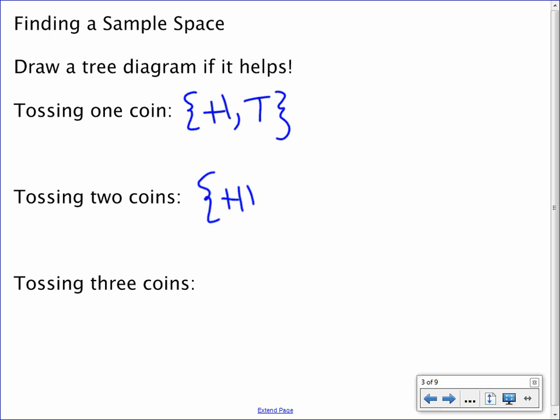Heads, heads. Tails, tails. Heads, tails. Tails, heads. Tossing 1 coin, we have 2 events in our sample space. Tossing 2 coins, we have 4 events in our sample space.